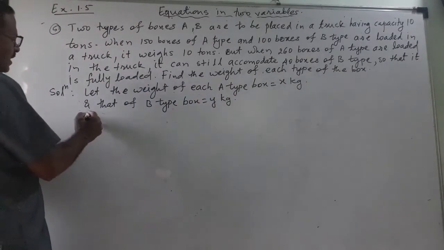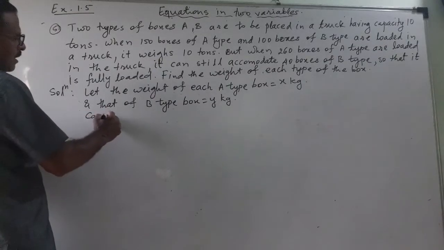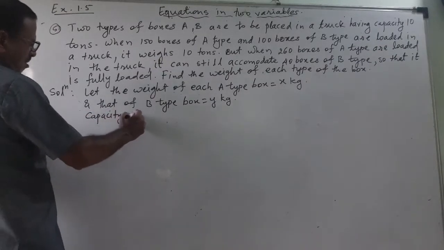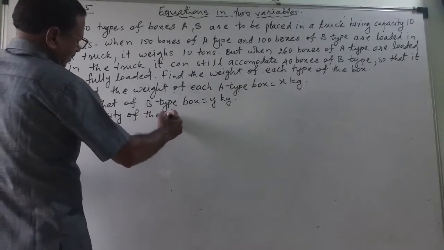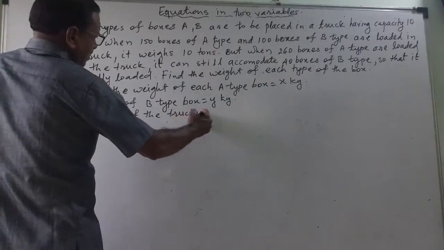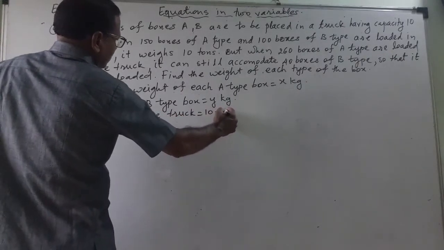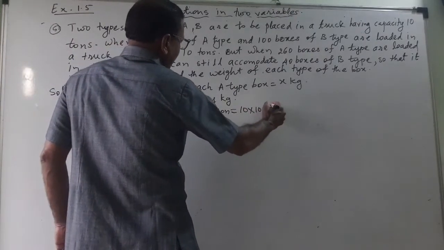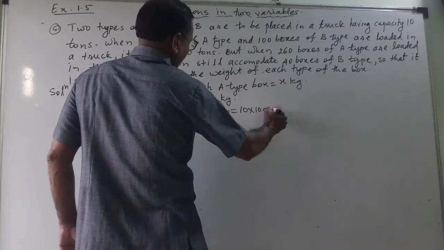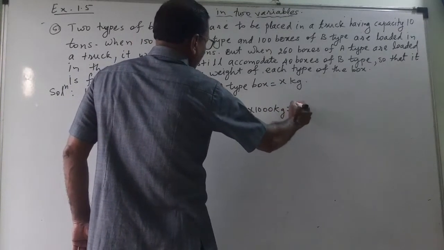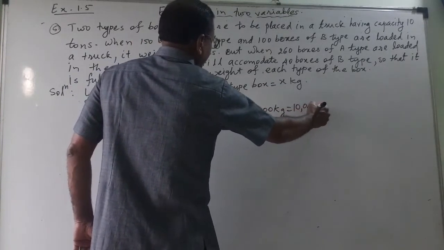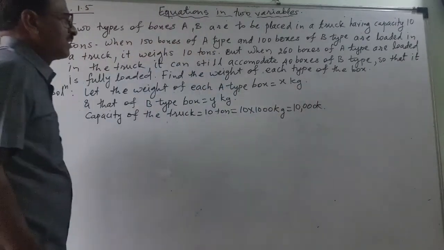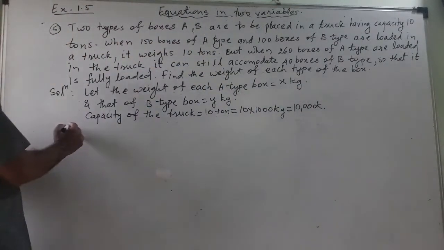The capacity of the truck is equal to 10 ton. That is equal to 10 into 1000 kg, that is equal to 10,000 kg.